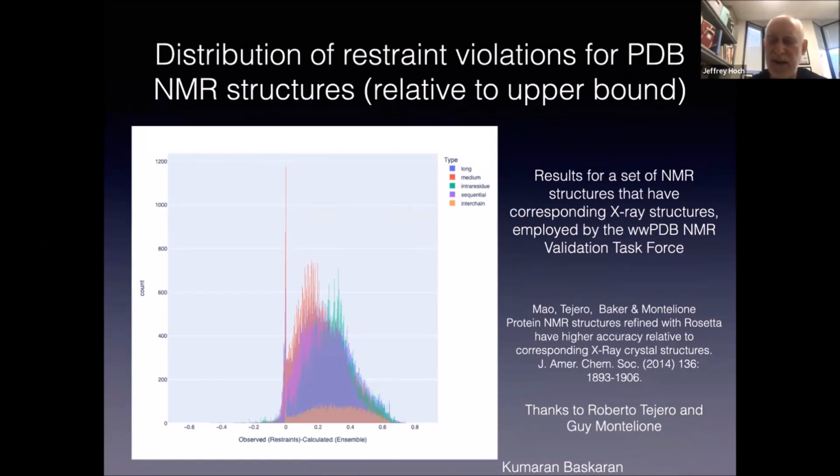If you look broadly at this, it looks like it might be a reasonable error distribution, except for one thing. There's this spike near zero that's kind of unusual, and the source of that really is no surprise. It is simply the result of the fact that most of the NMR structures in the BMRB and PDB use a flat well restraint potential, which applies no force to the structure if the distance falls between the upper and lower distance bound.